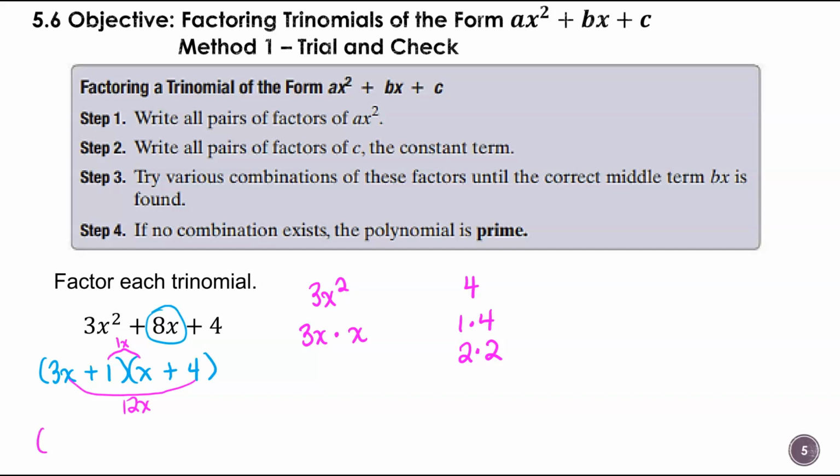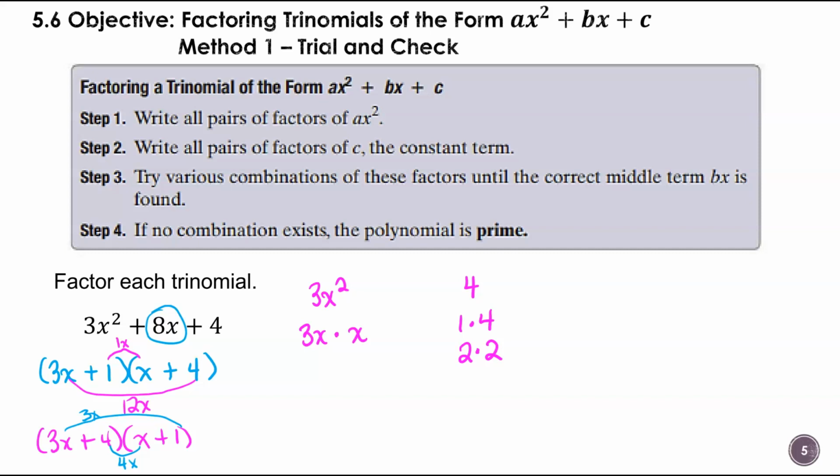If we placed the 4 in the first binomial and the 1 in the second binomial, then we would have a 4x and a 3x. 3x plus 4x is 7x, so that one doesn't work.